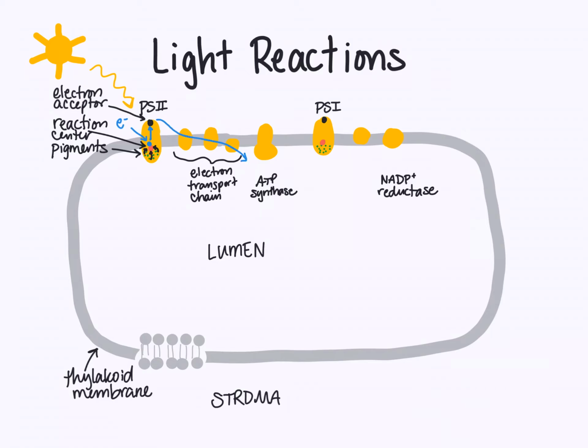As these electrons get passed through these proteins of the electron transport chain, hydrogen ions that were out here in the stroma get actively transported or pumped into the lumen of the thylakoid.